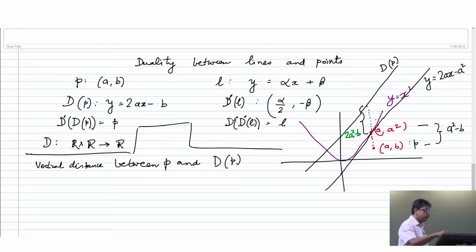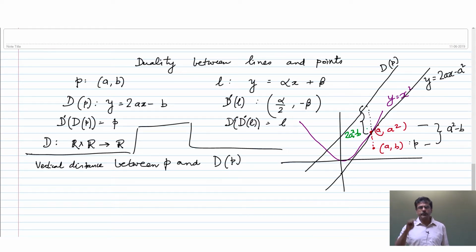So, this point a comma a square will be basically the midpoint between these two. So, you can show that, right. 2a square minus b plus b is 2a square divided by 2 is a square, right. So, basically that line is tangential to the parabola and shifted exactly by the same distance as the point is from the parabola. So, that is the geometric interpretation of this transformation.